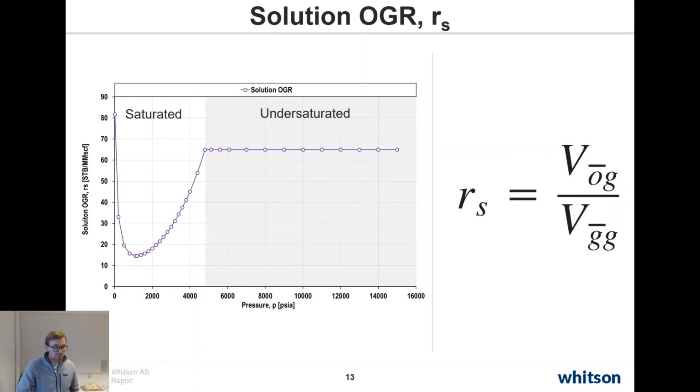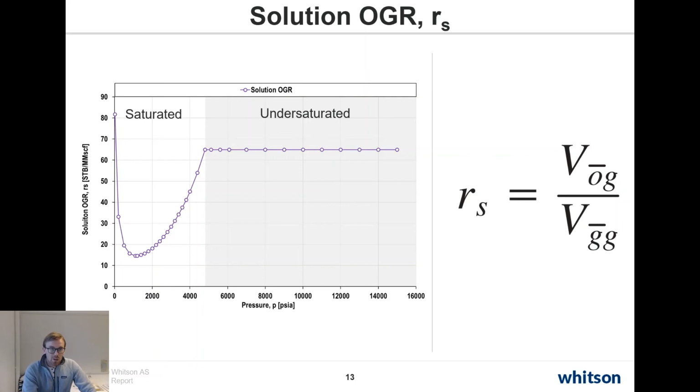And you'll see that in Eclipse, you'll see that in Harmony, you'll see that in ResFrac, etc. But the definition of this RV or this little rs is the volume of surface oil originating from the reservoir gas divided by the surface volume of gas originating from the reservoir gas phase.